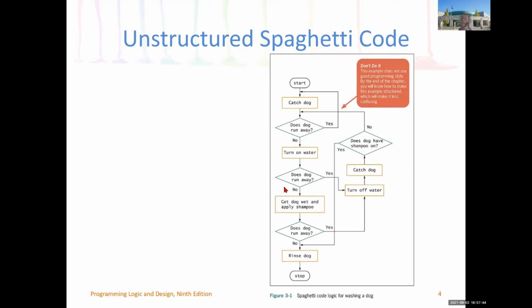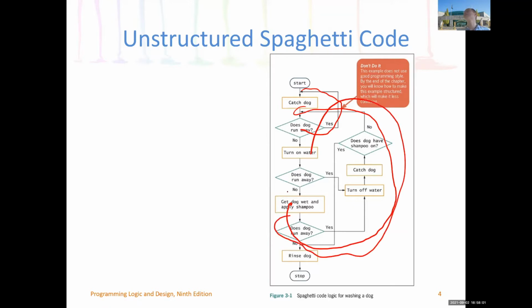Okay. Here is an example of unstructured spaghetti code. If you look at this, it is a mess. Why is it a mess? Because you see this one interleaves with this one, and this one again interleaves with that one. When working with spaghetti code, when something is wrong with the program, it's very hard to go back and debug.